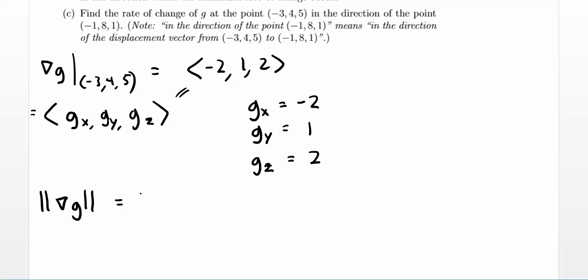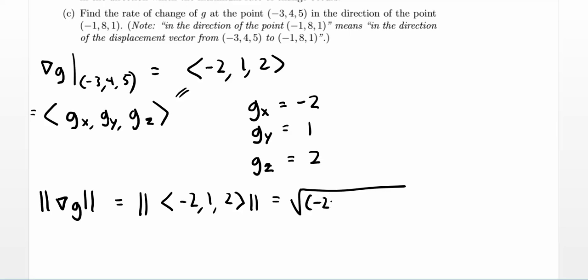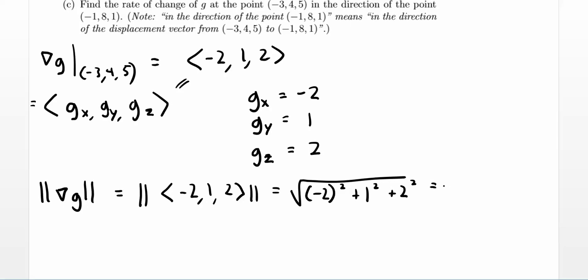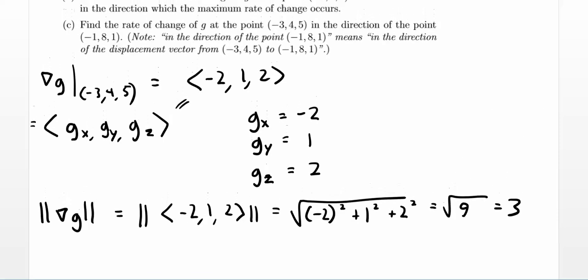In our case, that's the square root of negative 2 squared plus 1 squared plus 2 squared, which is the square root of 4 plus 4 plus 1 is 9, which is 3. So this is our maximum rate of change.